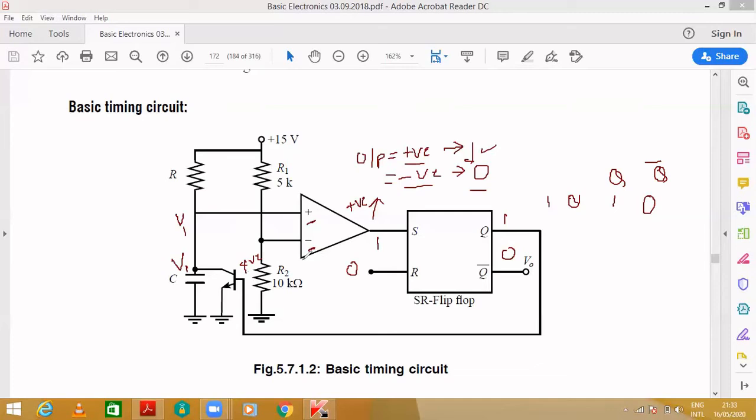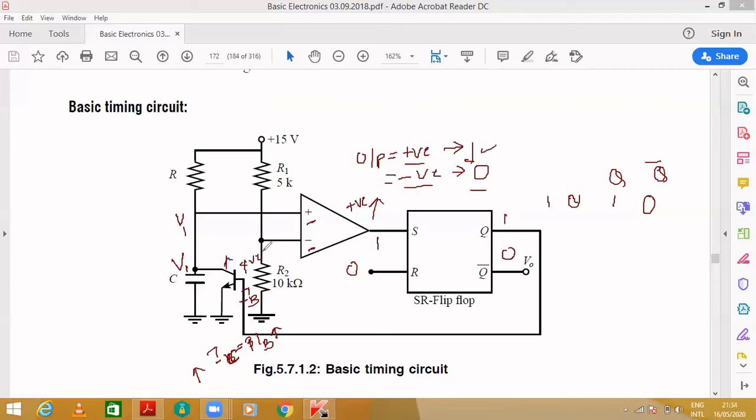You already know the formula: IC is equal to beta IB. So whenever IB, the base current, increases, IC, the collector current, also increases.